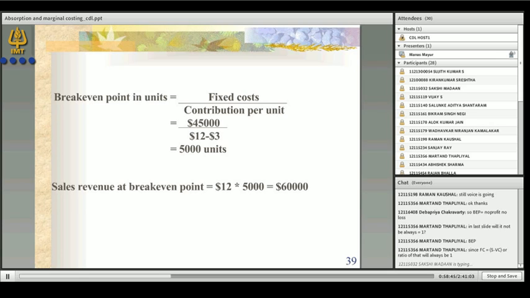And how much is fixed cost here? $45,000. So till the revenue of $45,000, there is no profit for this company. Okay, and why there is no profit? Because the contribution is contributing towards fixed cost, and at break even your contribution is exactly equal to what? At break even, contribution is exactly equal to what?